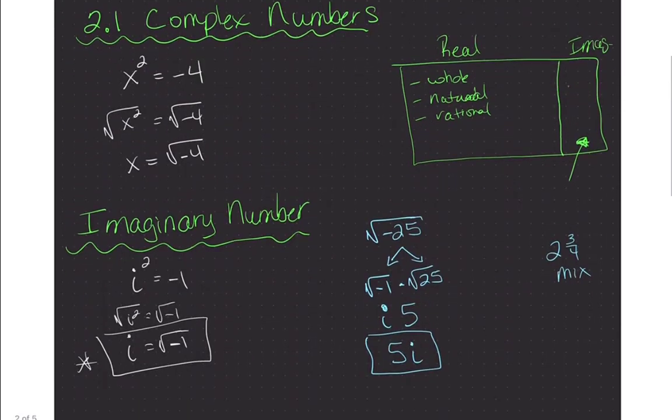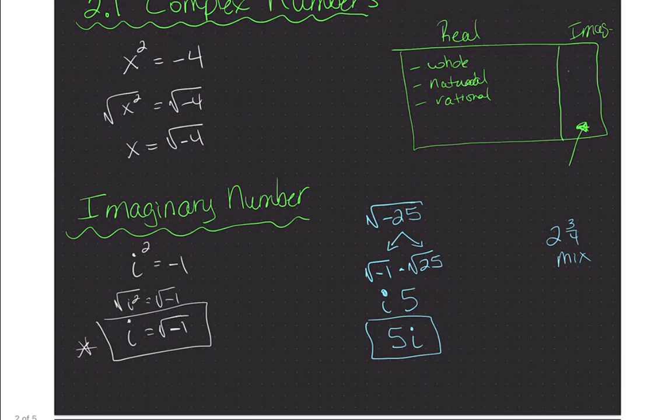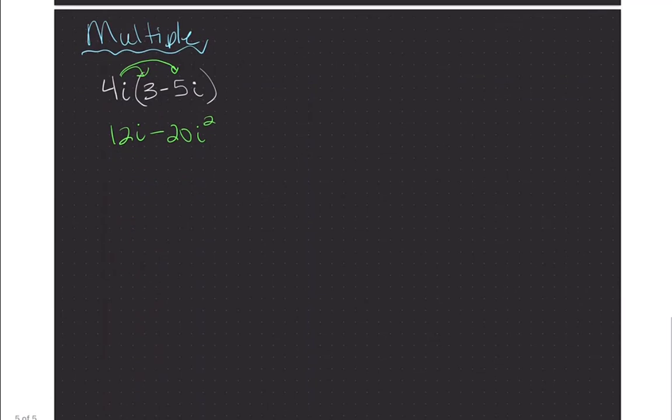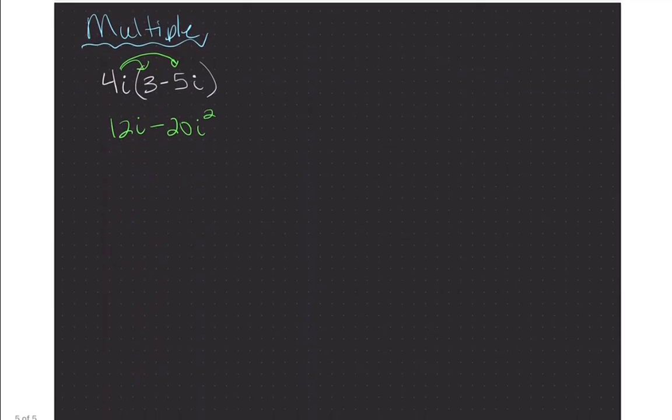Oop, right there. What does i squared equal? Oh, i squared equals -1. I gotta remember that, right? So what did it say? It said i squared equals -1. I'm gonna put a little bubble around there for us.